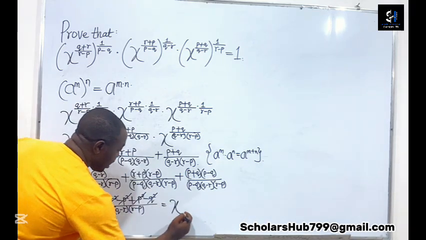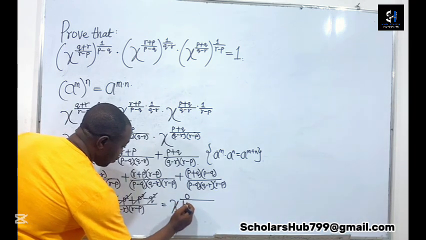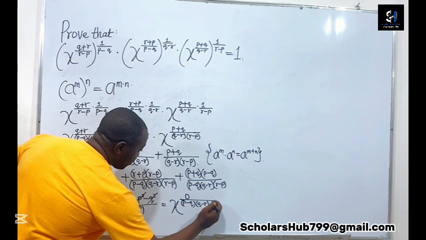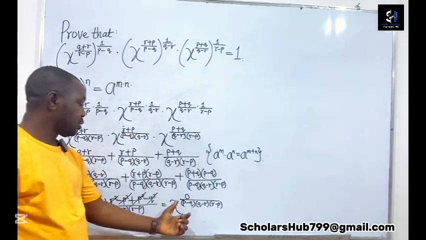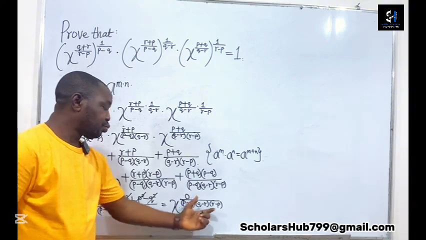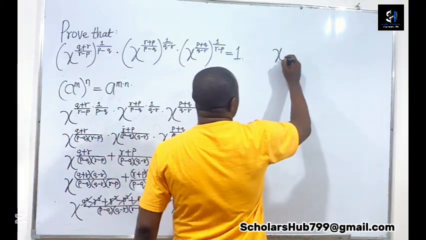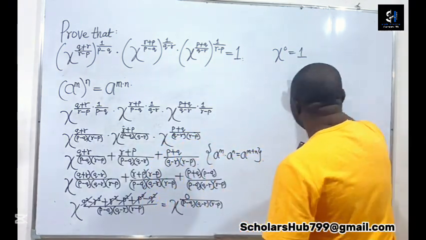So we'll be left with x raised to the power of 0 over the product of (p minus q), (q minus r), and (r minus p). We know that 0 divided by this product is equal to 0, so we have x raised to the power of 0 equal to 1.